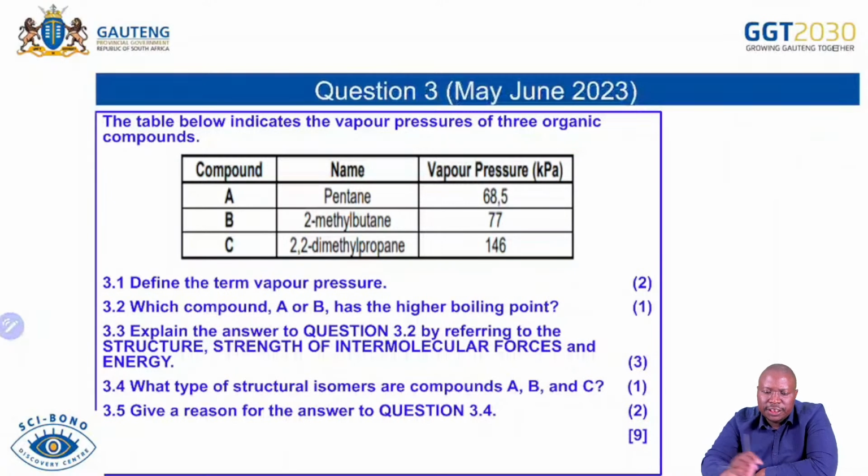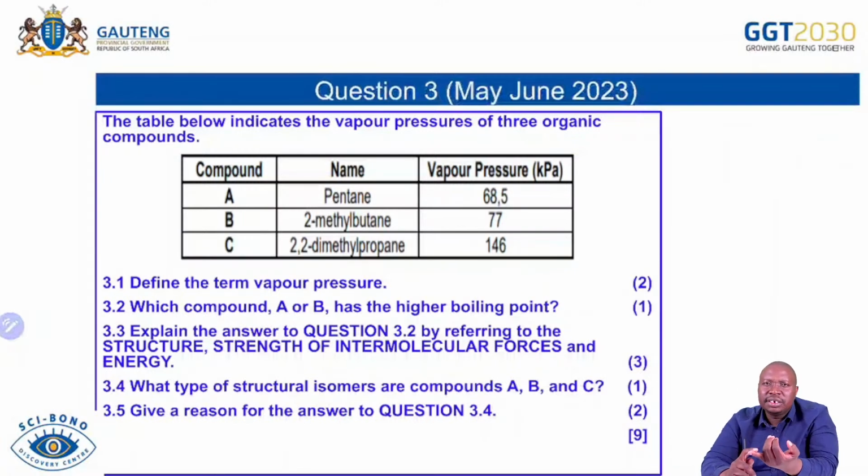In question 3, the table below indicates the vapor pressures of 3 organic molecules. Be very careful when you're dealing with vapor pressure, because they can easily confuse you. Remember, when the strength of intermolecular force increases, the vapor pressure decreases. Hence, we like to assess many questions based on vapor pressure because of that.